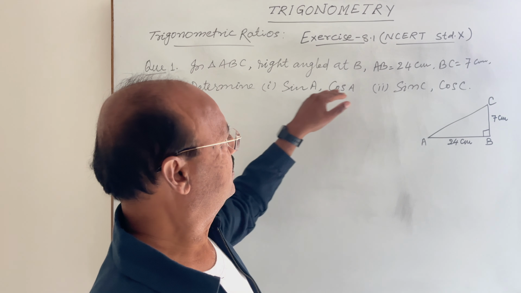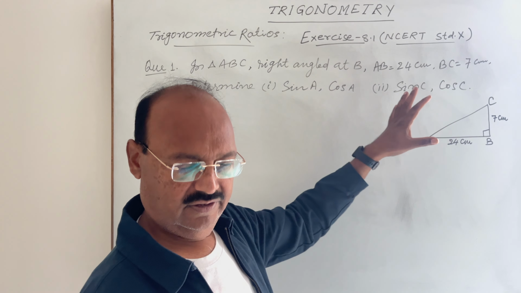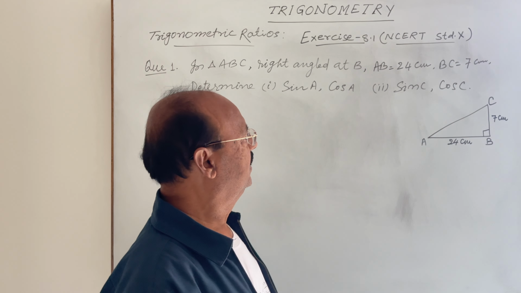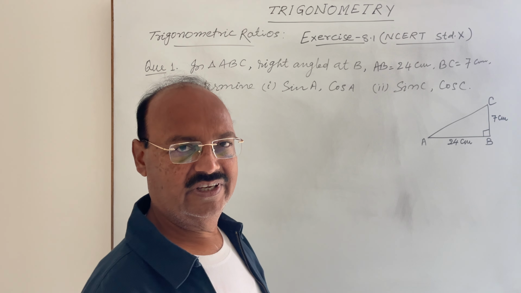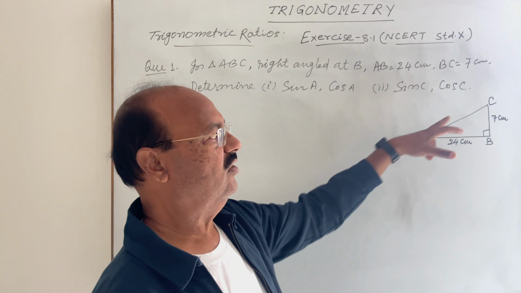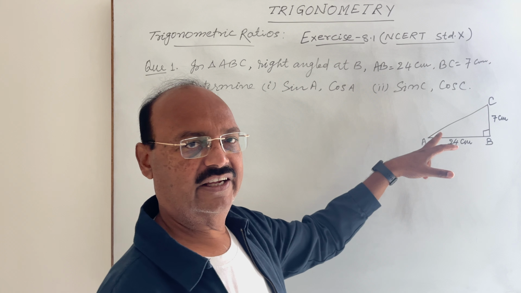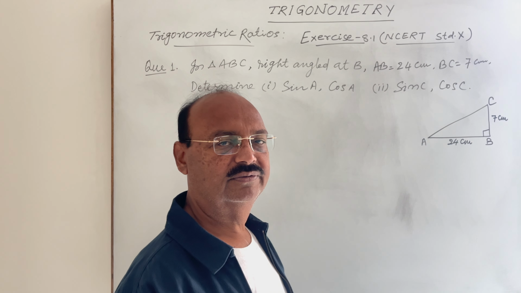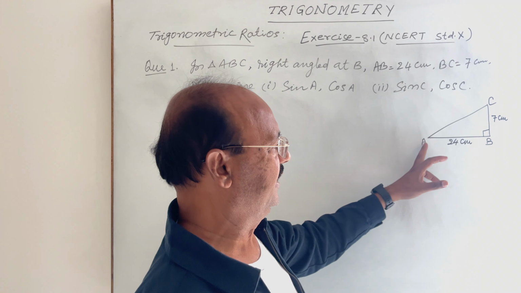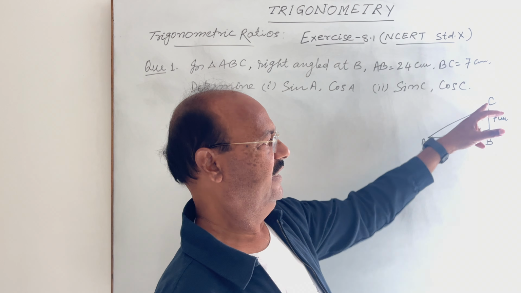For finding sine, cos, tan, all these trigonometric ratios, sine is perpendicular by hypotenuse, and hypotenuse is the longest side in a right angle triangle, which is not given here. So first of all, we have to find out hypotenuse AC.